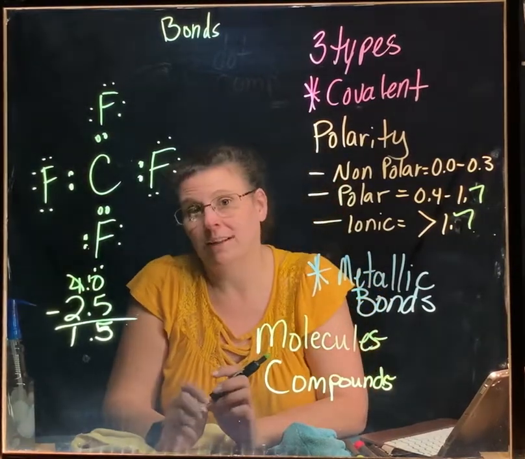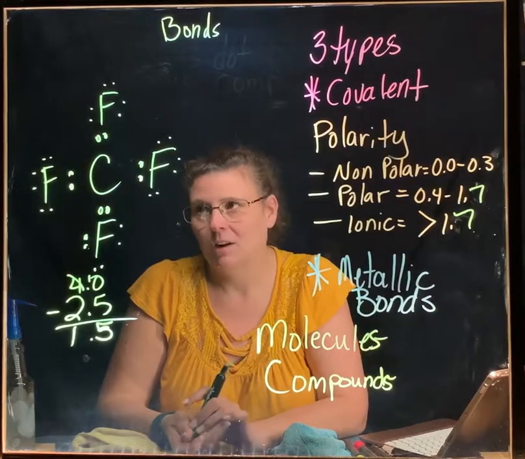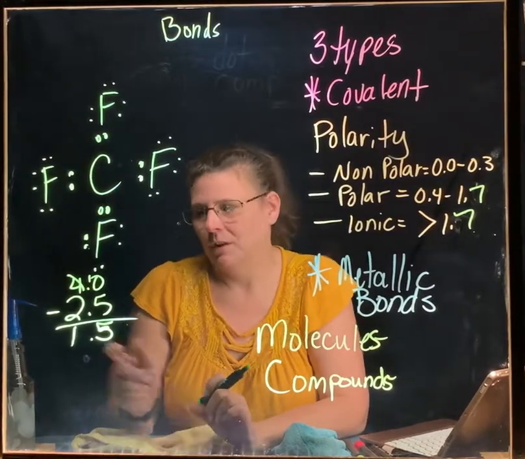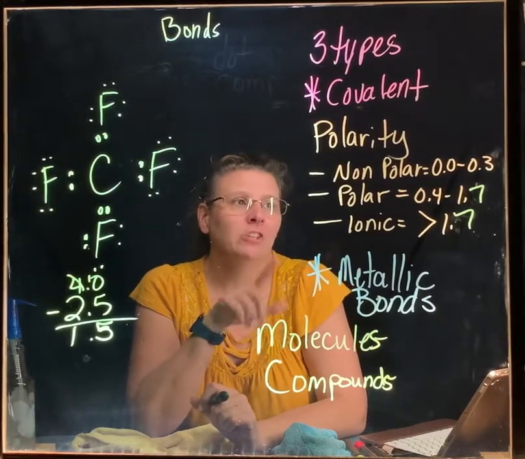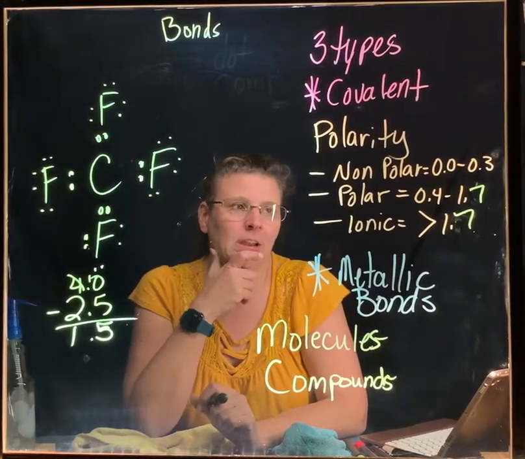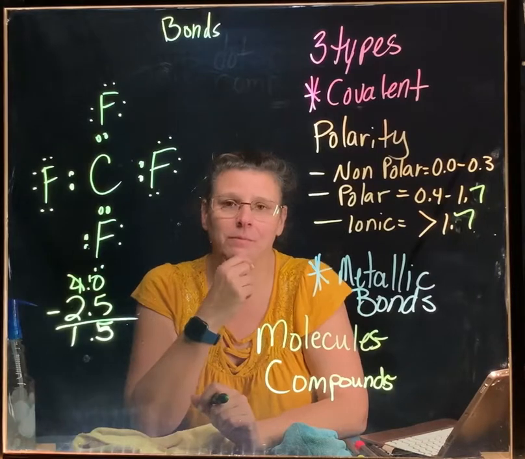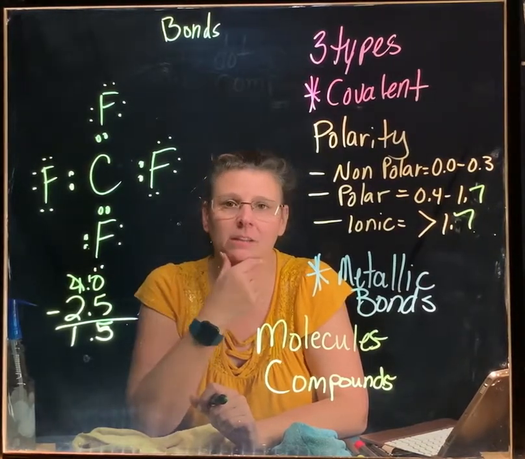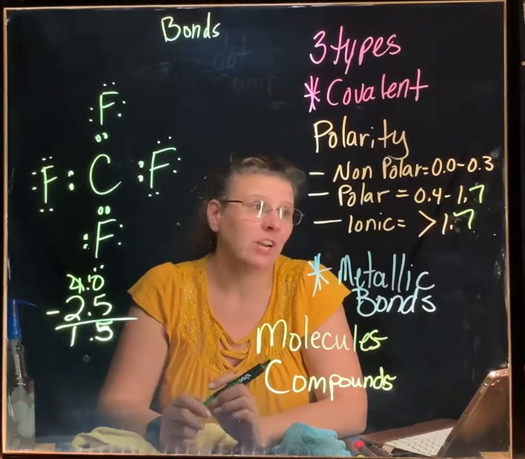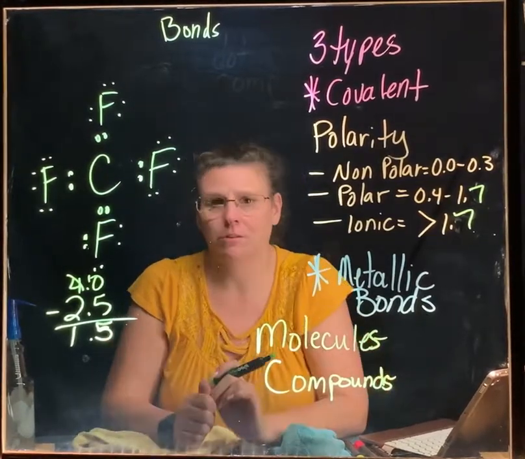How do I know it's covalent? Because there's no metallics in here. Each one of them are nonmetals. So please change your polar and ionics to 1.7 in your notes. I apologize for that. In the last video I had it as 1.4, but I just changed it. Make sure you have it on there, and I'll have it on your stuff at school.